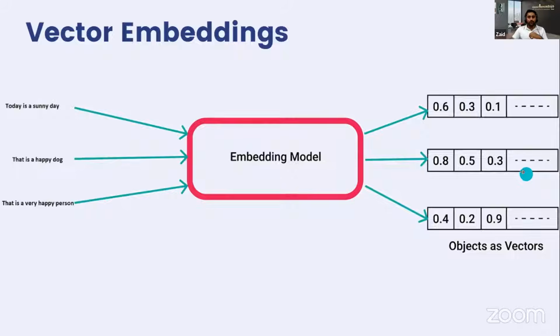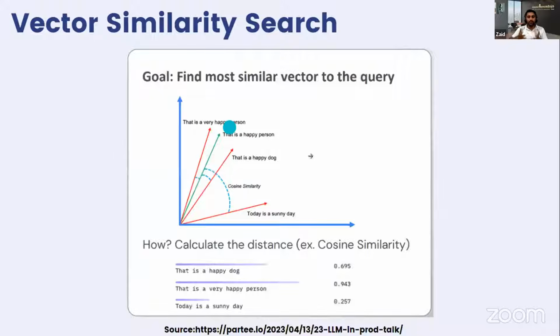So let's move forward. This is how it looks in the vector space. If I have these three sentences, today is a sunny day, it is lying over here. This is a happy dog, it is lying over here. That is a very happy person, it is lying over here. Now when the user asks this question, that is a happy person, this is our query.